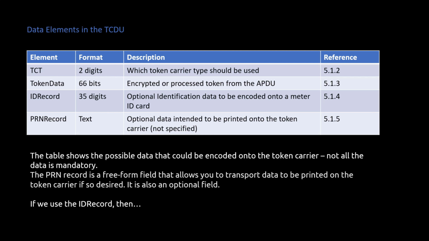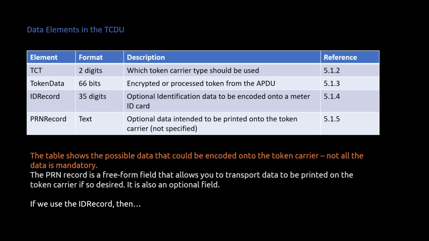You have an ID record, which is 35 digits long, and that's an optional identification data element to be encoded onto a meter ID card. And then you have a print record, which is text, and it's an optional data record to be printed onto the token carrier, and that is not specified. You can essentially print anything you like.